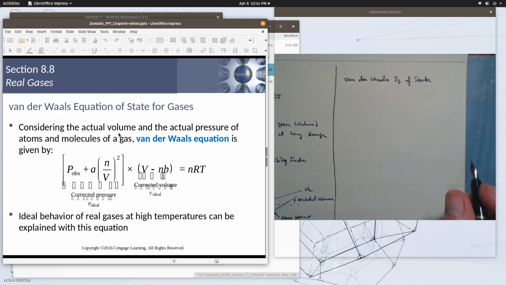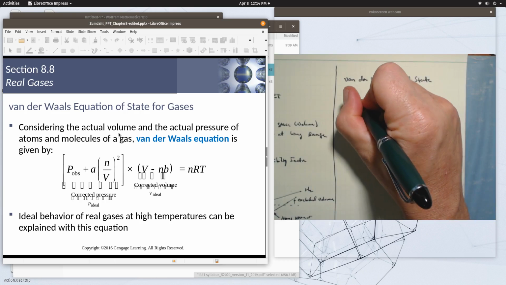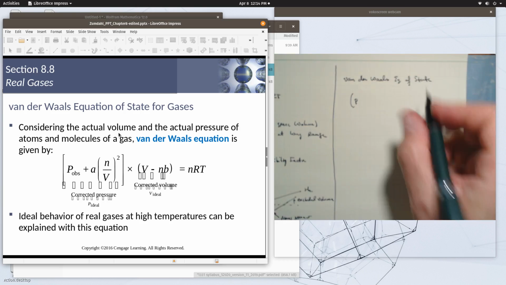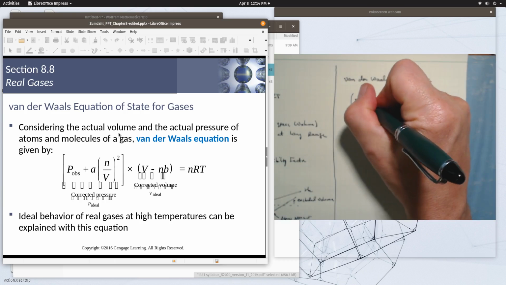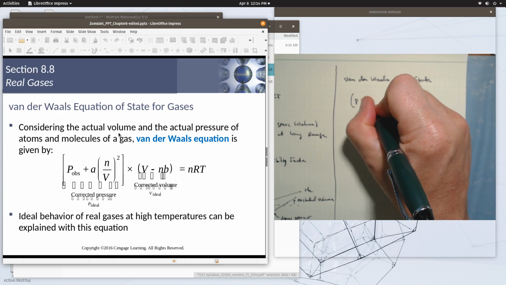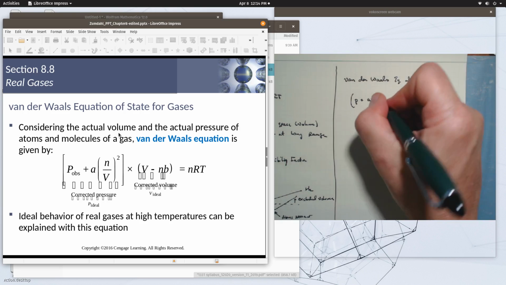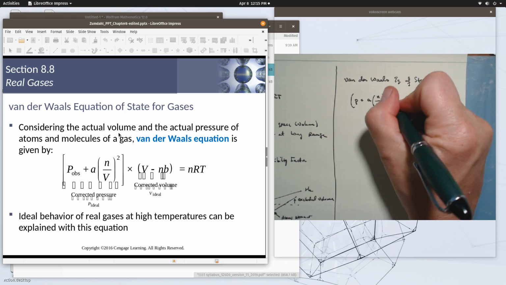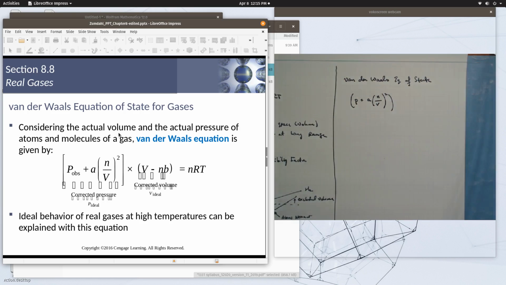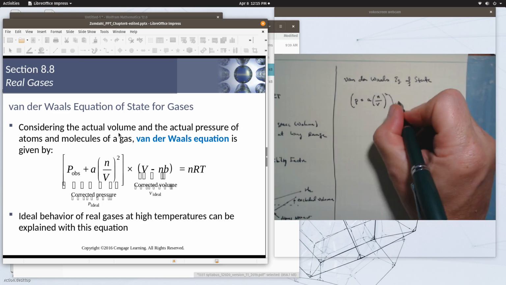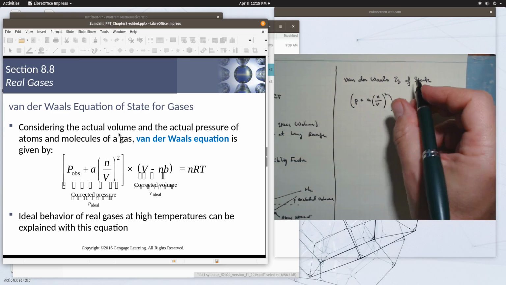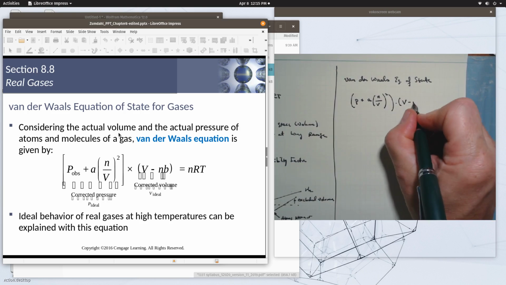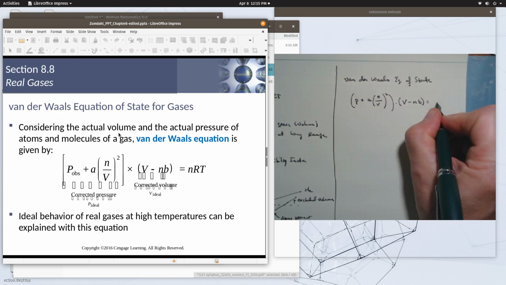We can understand it in the following way. It is the pressure plus a van der Waals constant A times the density squared (number of moles per volume, squared), times the volume minus n times B, and that's equal to RT.